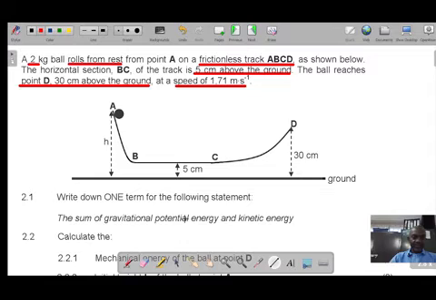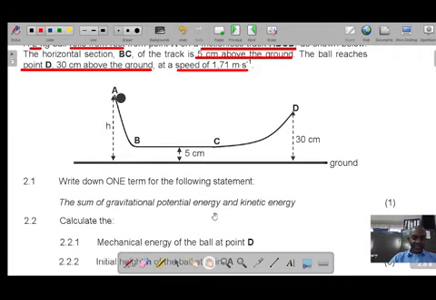Now the question says to write down one term for the following statement: the sum of gravitational potential energy and the kinetic energy. Surely we call it mechanical energy.